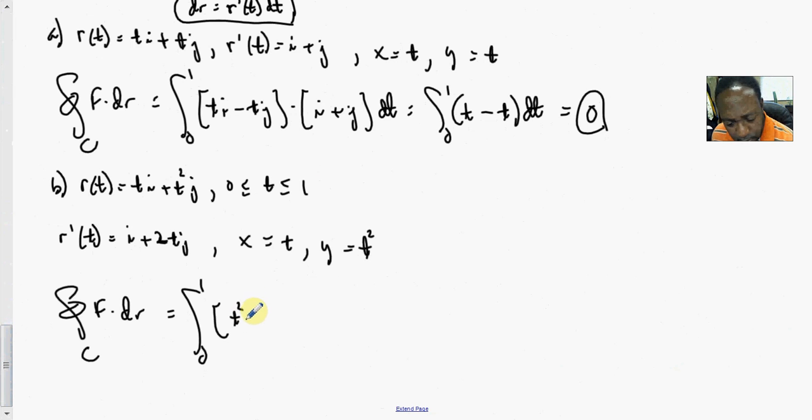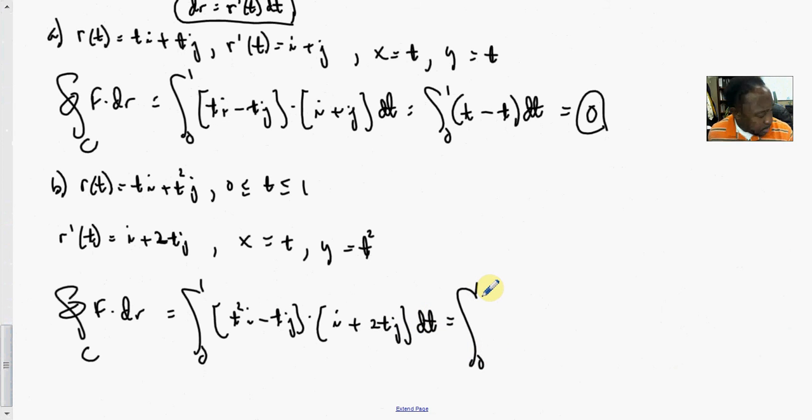So this is t squared i minus x, that's t j, dot product with r prime, that's i plus 2t j dt. Simplify that line integral. So this is t squared minus 2t squared.